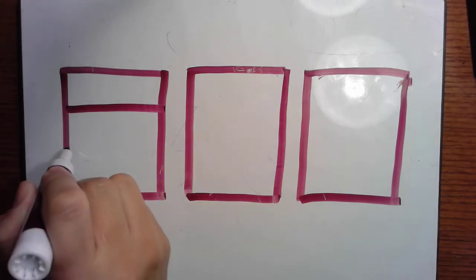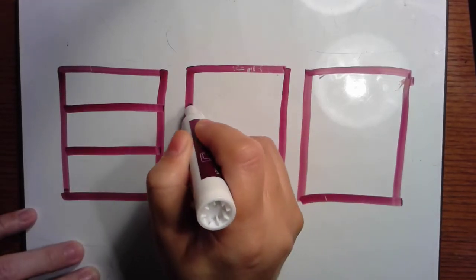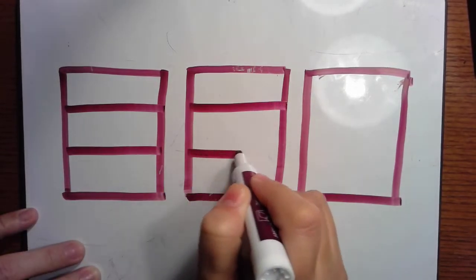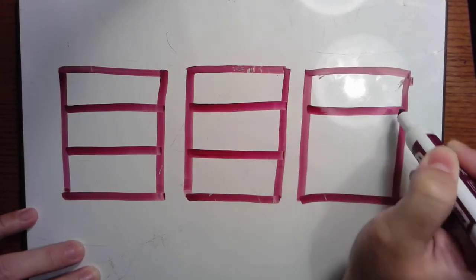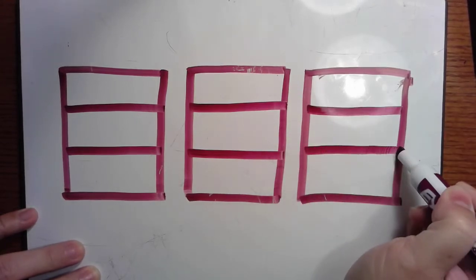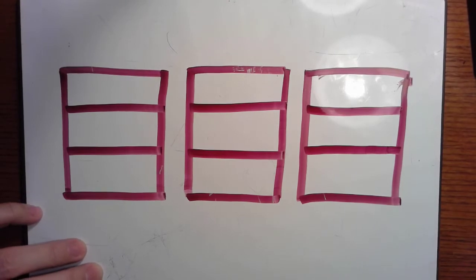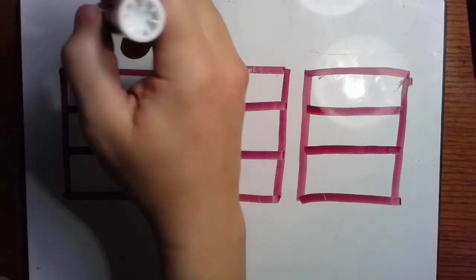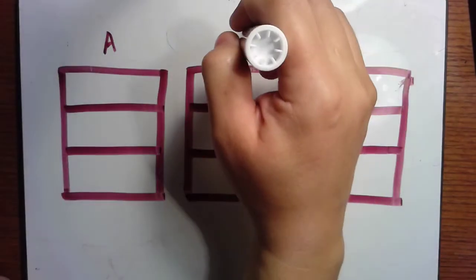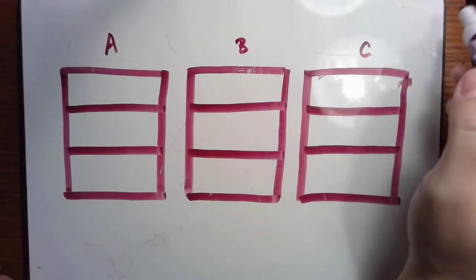Forgot to do that. So if I want to split my whole into 3 parts, I could do it lots of ways, but I'm going to choose to do it this way today. So let's just call this rectangle A and B and C.